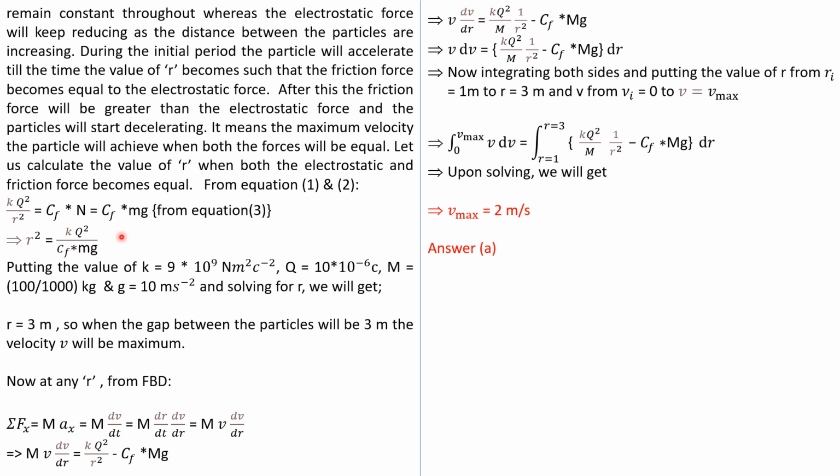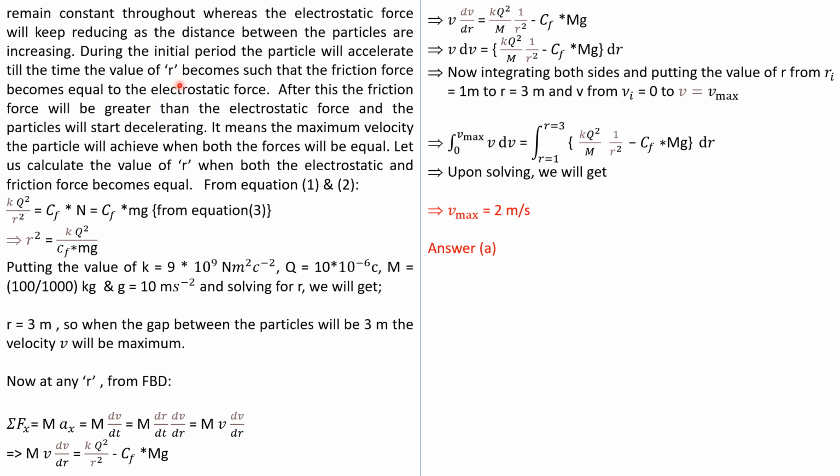So during the initial period, the particle will accelerate till the time the value of r becomes such that the friction force becomes equal to the electrostatic force. After this point, the friction force will be greater than the electrostatic force, because electrostatic force is reducing with the gap increasing between the two particles, and the particles will start decelerating.